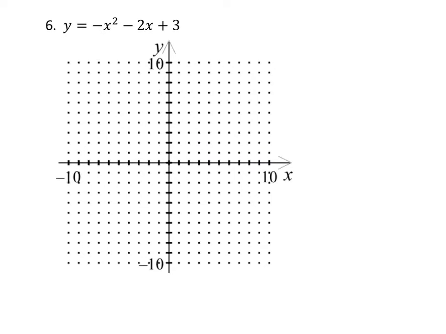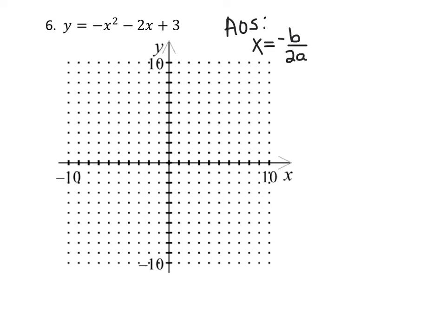Okay, for a problem like number 6, we are to graph the quadratic equation, determine the vertex, its axis of symmetry, x-intercepts, and the range. So I'm going to start with the axis of symmetry.